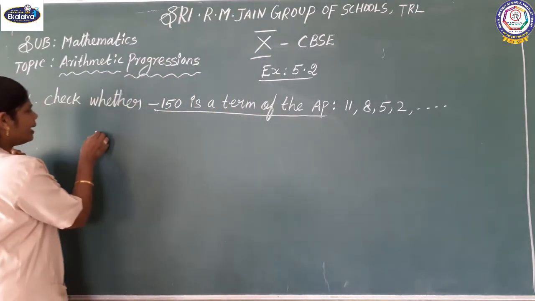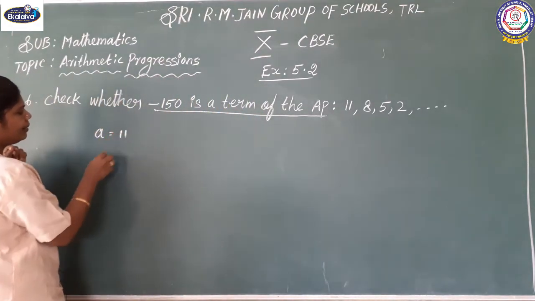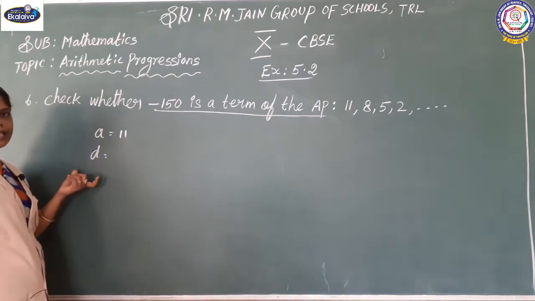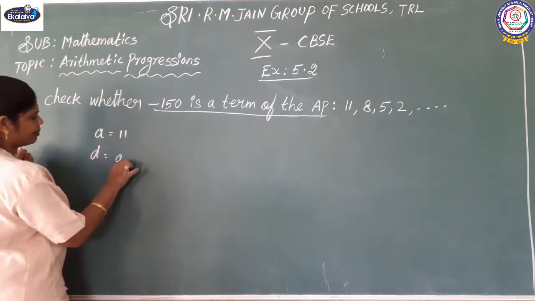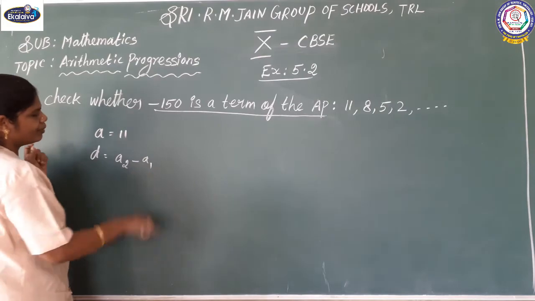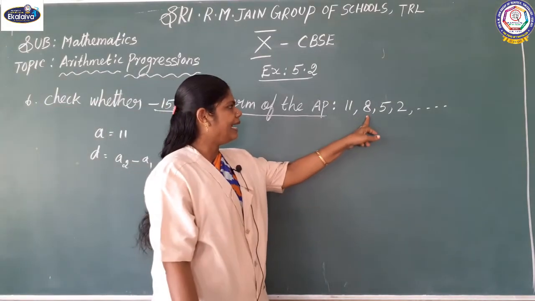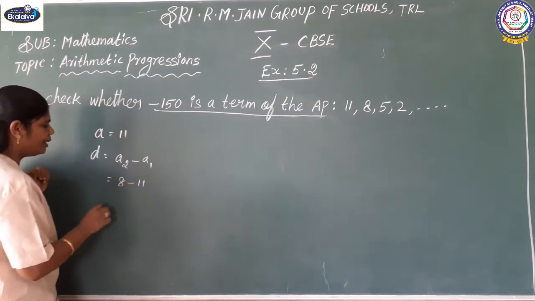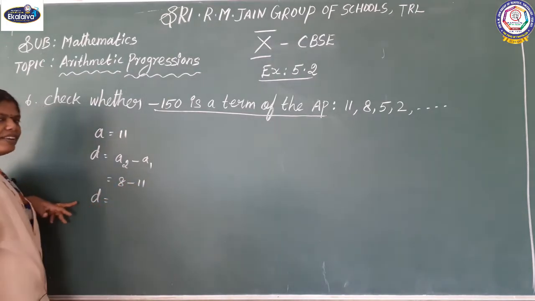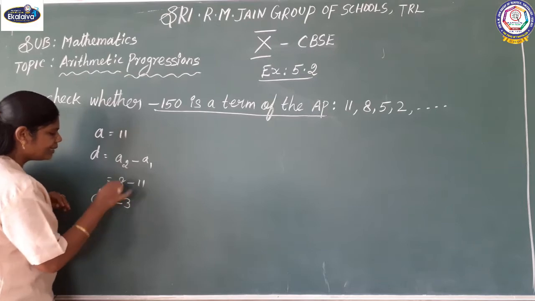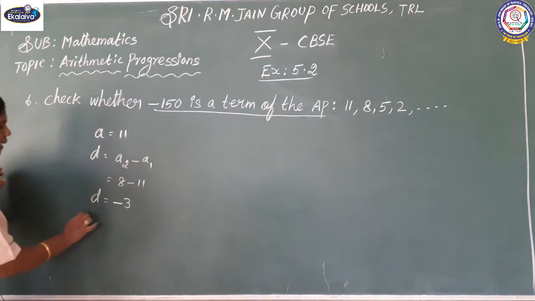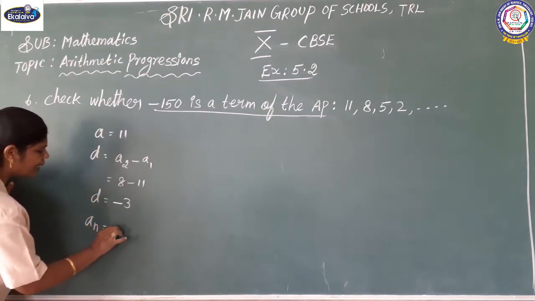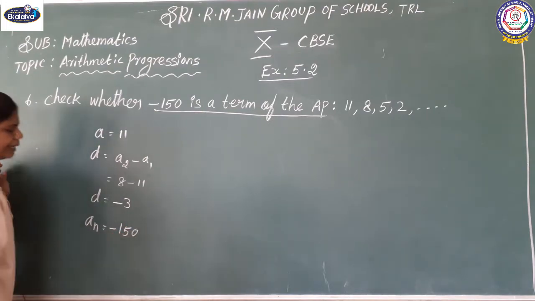So a equals 11, d equals second term minus first term, so a2 minus a1. Here a2 is 8, so 8 minus 11. What will you get? 8 minus 11, you get minus 3. Then an equals minus 150.